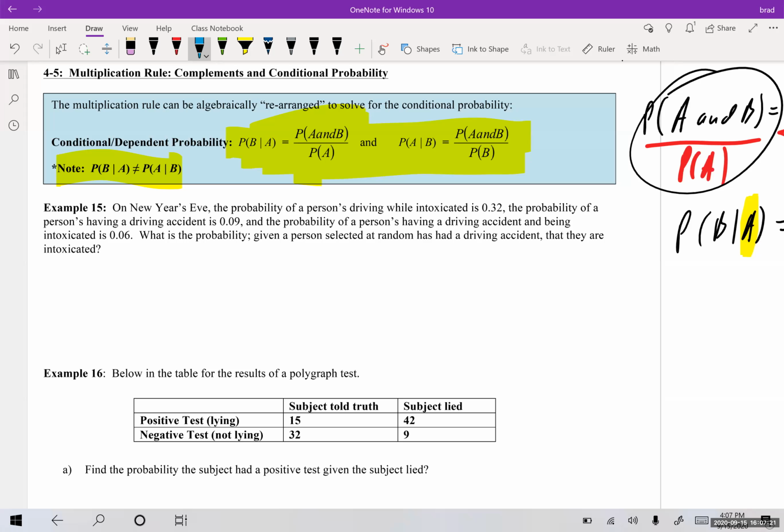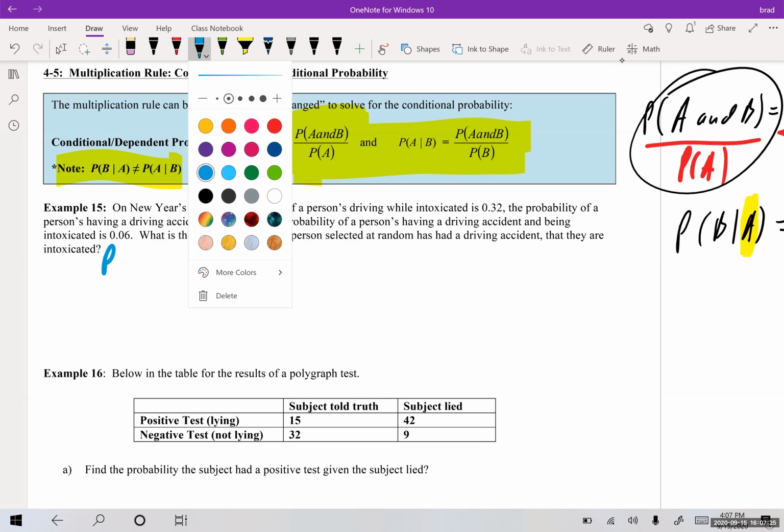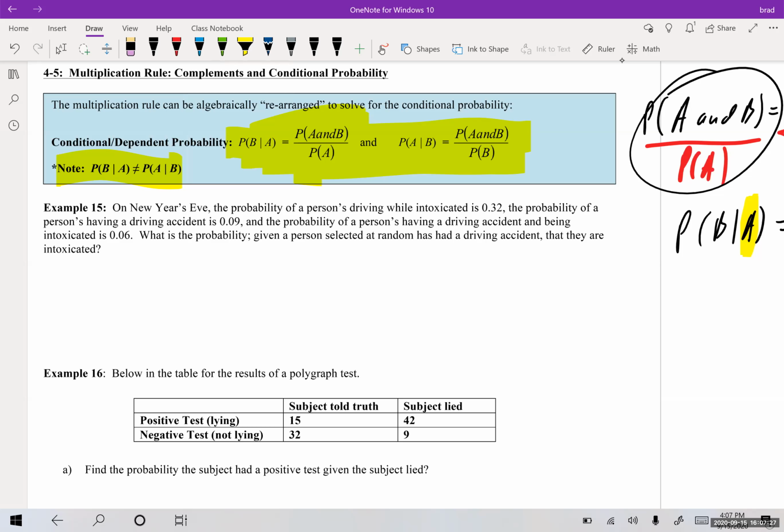So what I'm going to do is write down what they said. The probability given they had an accident that they are intoxicated. I'll put I for intoxicated.